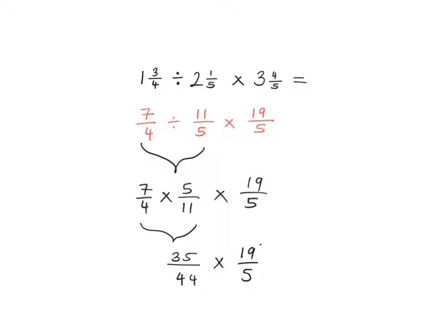I can just quickly do the column method here. 35 times 19, 9 times 5 is 45, carry the 4 there, 9 times 3 is 27, plus 4 is 31, put an X there, 1 times 5 is 5, 1 times 3 is 3, and then I just add up the columns, that becomes 5, 1 add 5 is 6, 3 add 3 is 6, so that's 665. So the numerator 35 times 19 is 665.